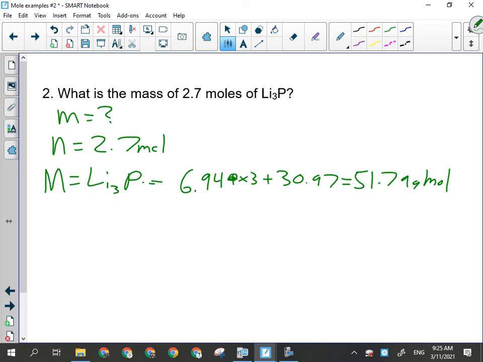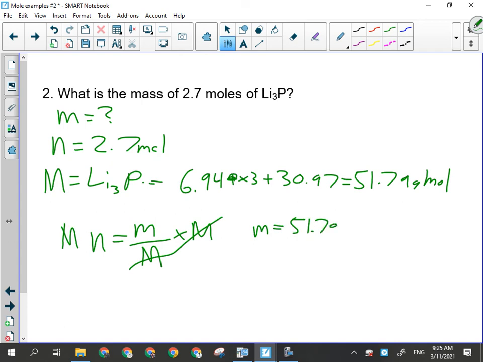Okay, so if I want to solve for mass, I have to manipulate the mole equation for little m by multiplying both sides by big M. So little m will be 51.79, that's big M, times n, 2.7 moles.